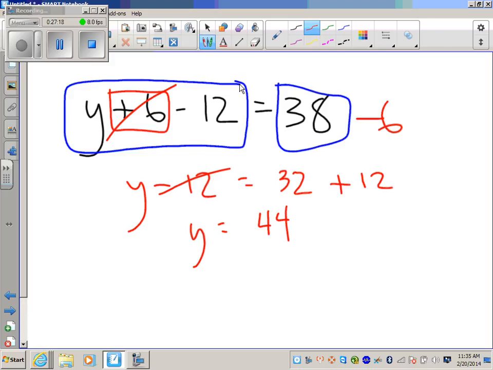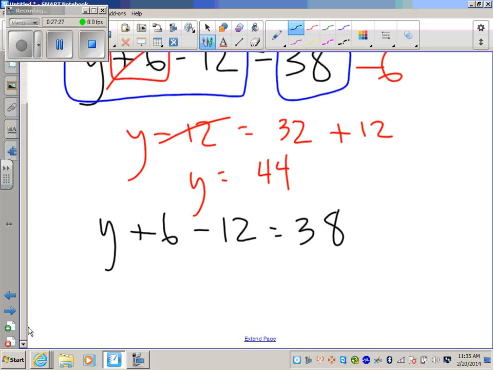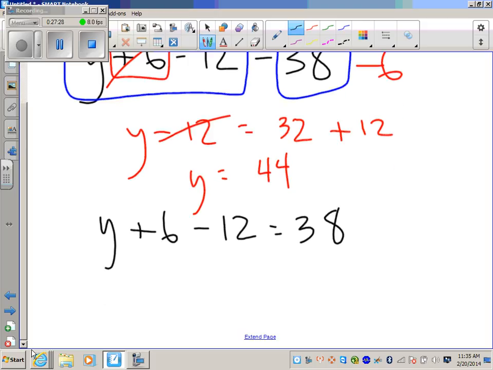Now, had you gone a different route and taken a look at the entirety of it, Liam, what happens when you have a positive 6 and you subtract 12? What do you get? So here is what this side is really saying.